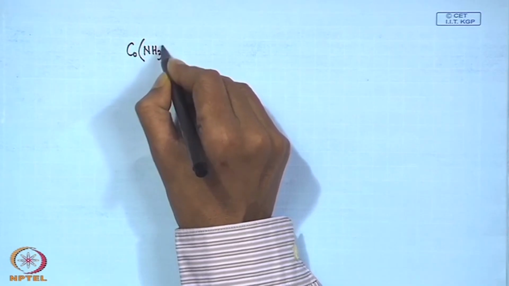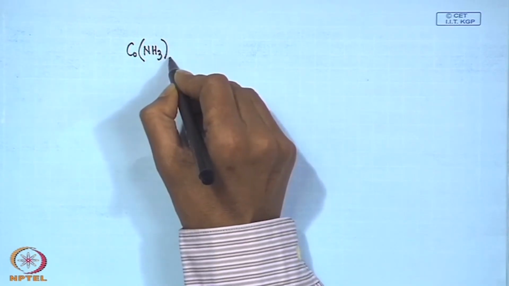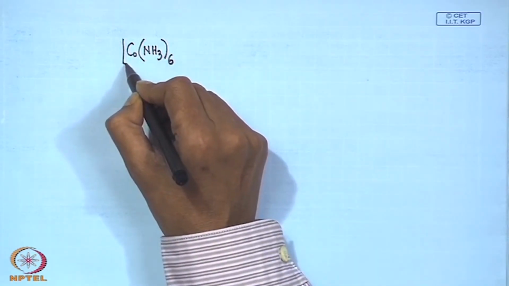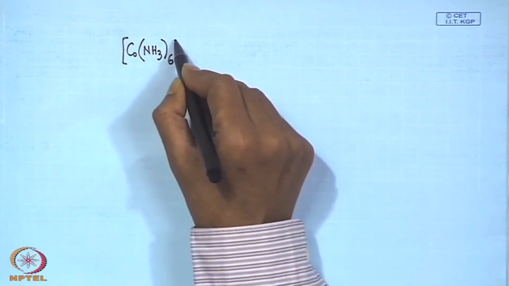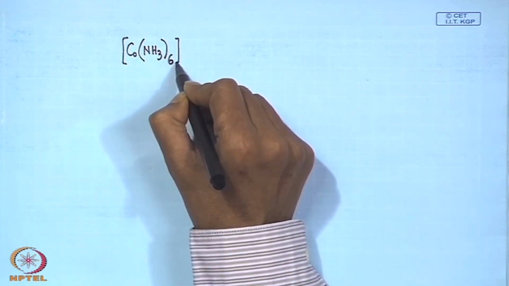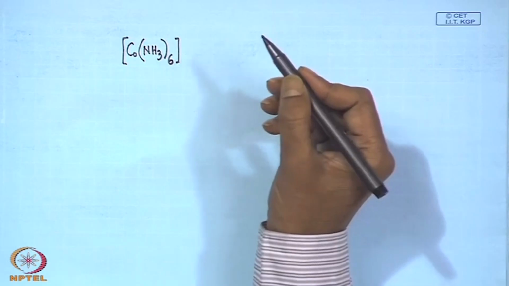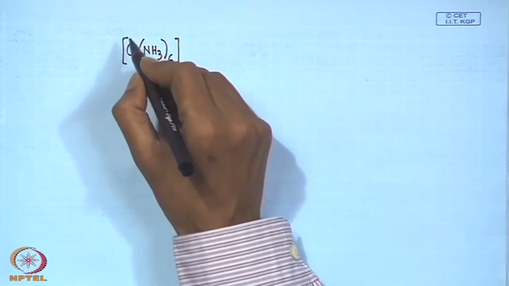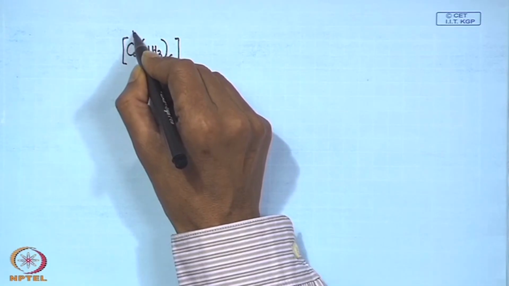When we put in excess ammonia, starting from cobaltous chloride and in presence of activated charcoal, we pass air or add hydrogen peroxide.